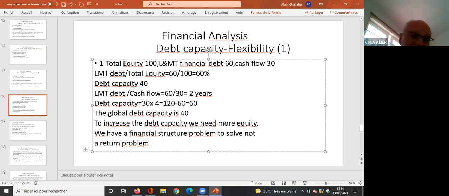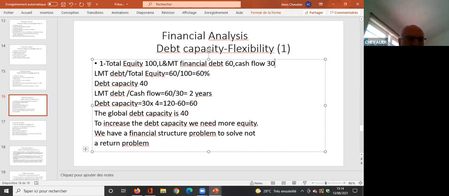And what you do, it's a calculation I mentioned in the preceding slide, of long and medium term debt divided by the cash flow, which is 60 divided by 30. 60 is the level of debt, 30 is the level of the cash flow. It's equal to 2. It is 2 years. Not in percentages now, we are in years. We need 2 years of cash flow at the present level to pay back the long and medium term financial debt accumulated.